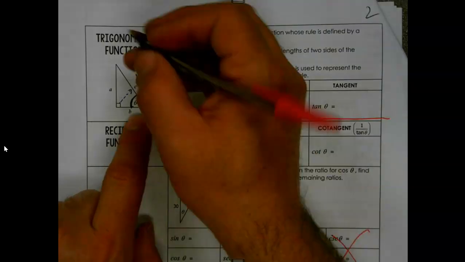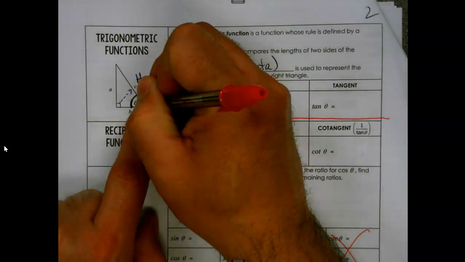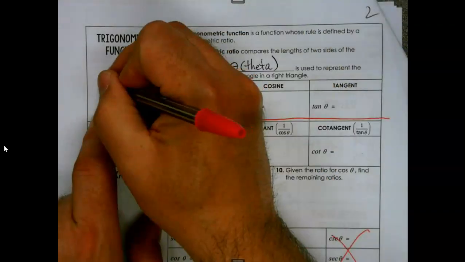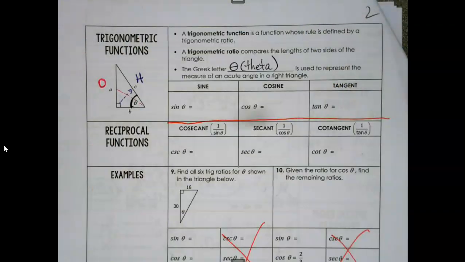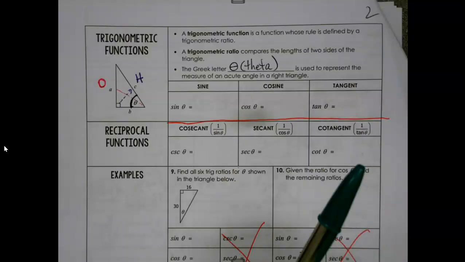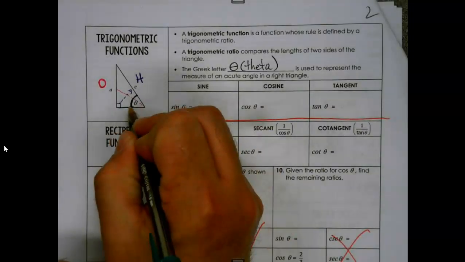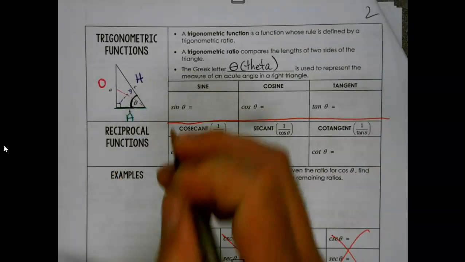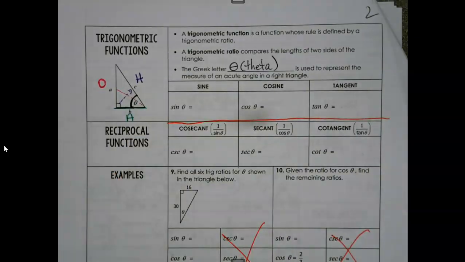So if you start at this angle and you just start working your way across until you run into the opposite side, that's going to be our opposite. And the last one, which is directly connected to your angle, is your adjacent side.